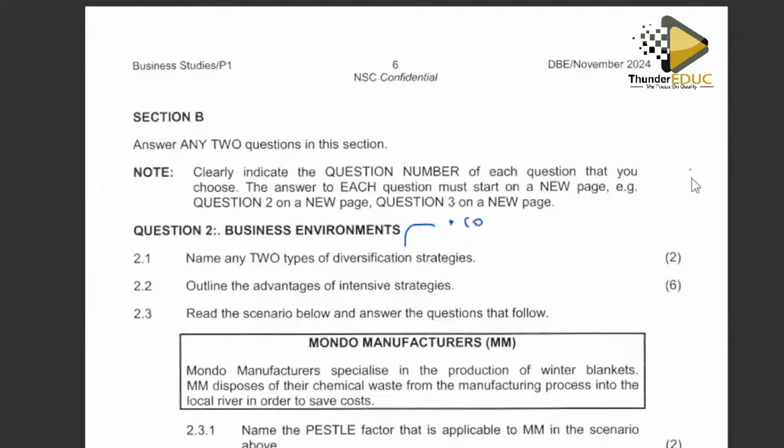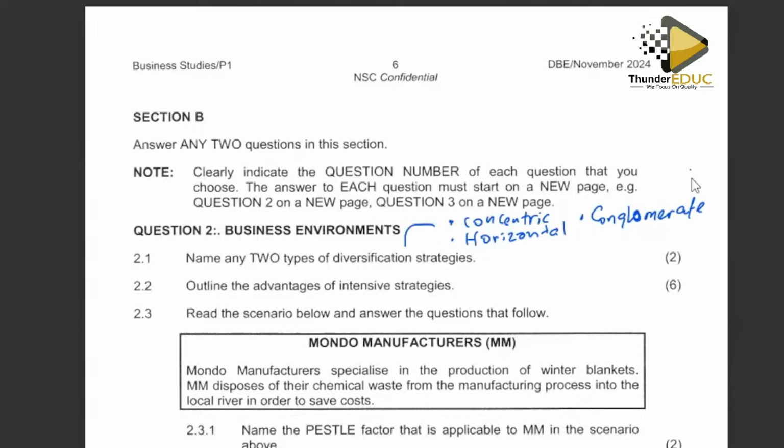So we have concentric, we also have horizontal, and also we have conglomerate. Okay, right, Grade 12. So now we are done with question 2.1.